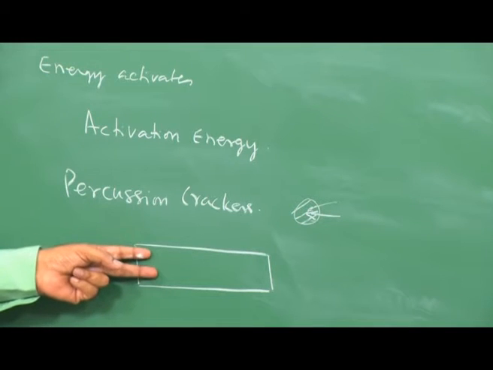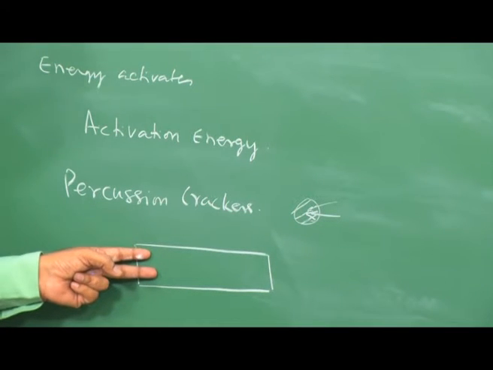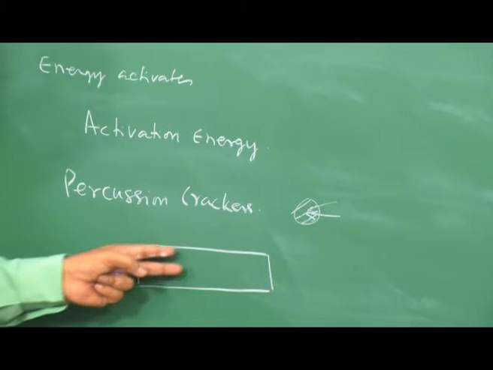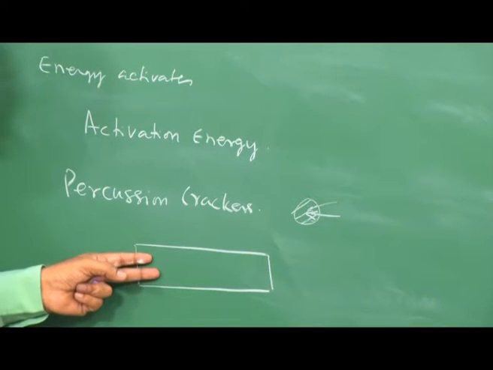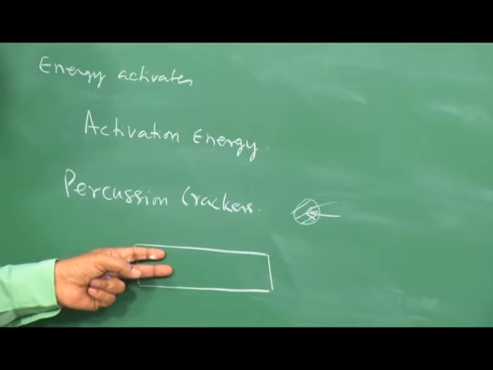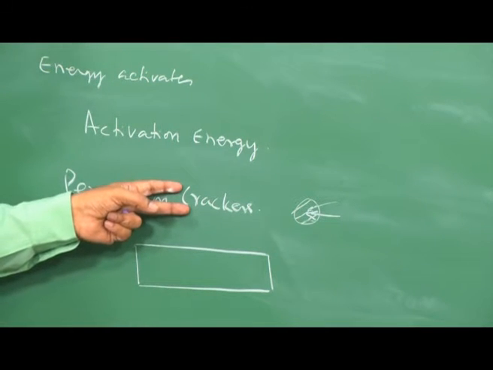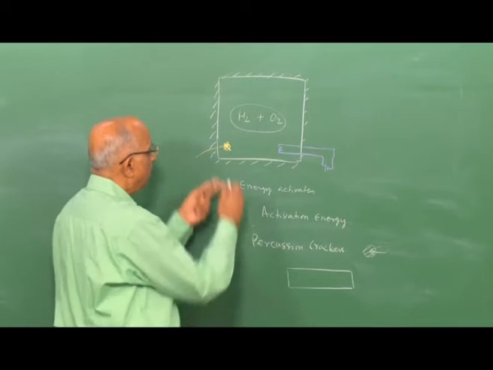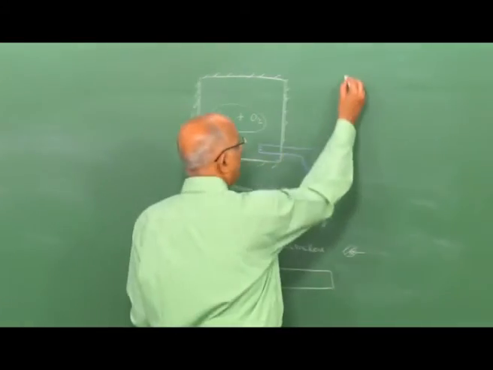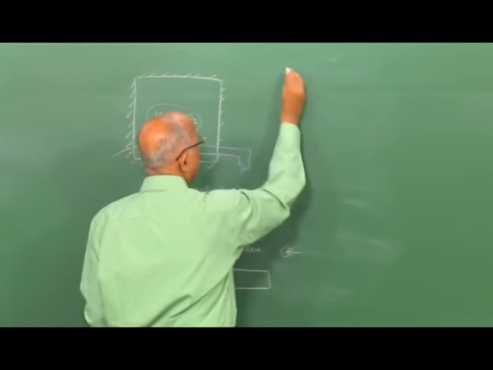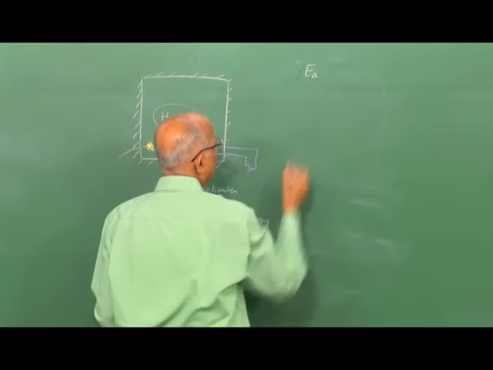Maybe some element of reactions takes place, but it is not going to start a chemical reaction and explode. Therefore, to start the reaction even in a powerful explosive, or in some of these crackers, or in any mixture, we need to supply some activation energy. So we say, to start a chemical reaction, I need activation energy, which I denote by EA.